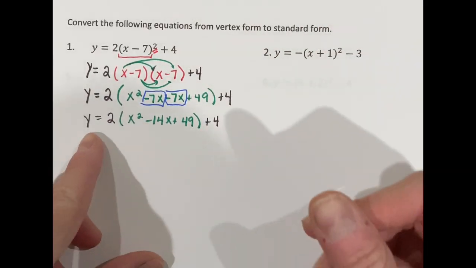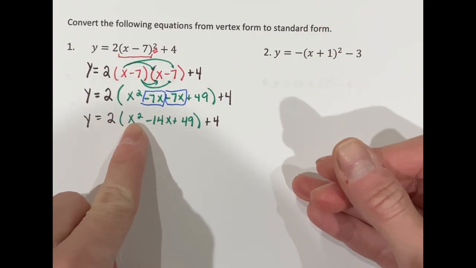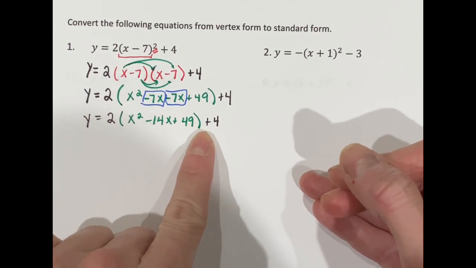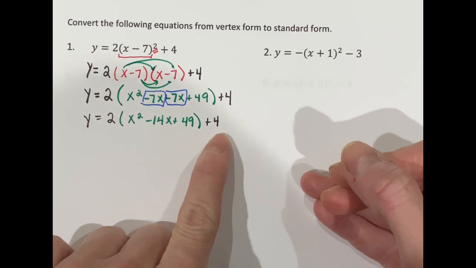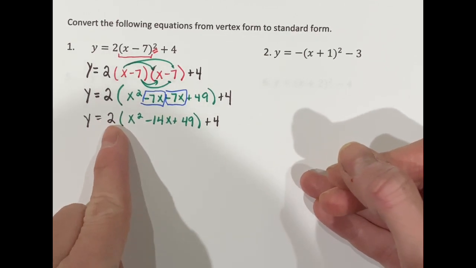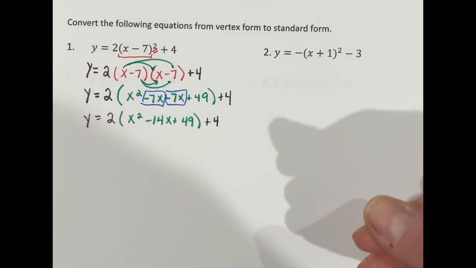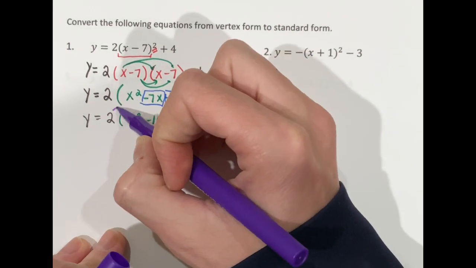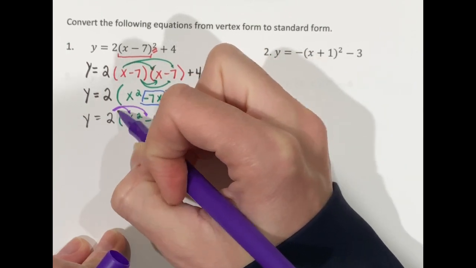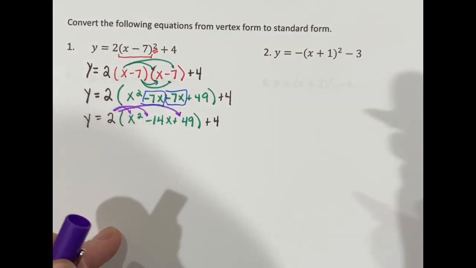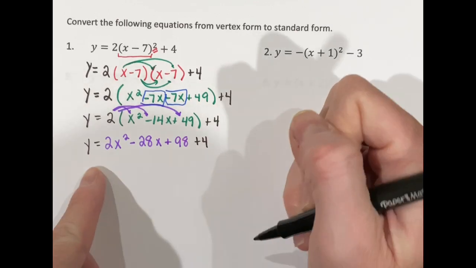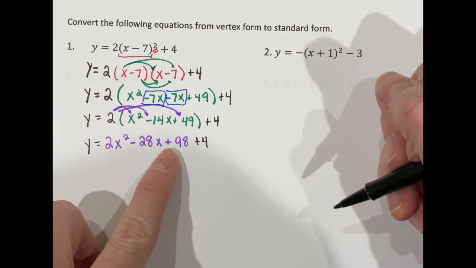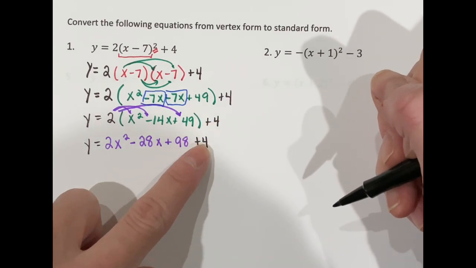That gives me y equals 2 parentheses x squared minus 14x plus 49, close the parentheses, plus 4. Now I still have that 2 on the outside of my parentheses, so I need to distribute the 2 to each of the terms inside. Then I get y equals 2x squared minus 28x plus 98, and we can't forget about that plus 4 on the outside.